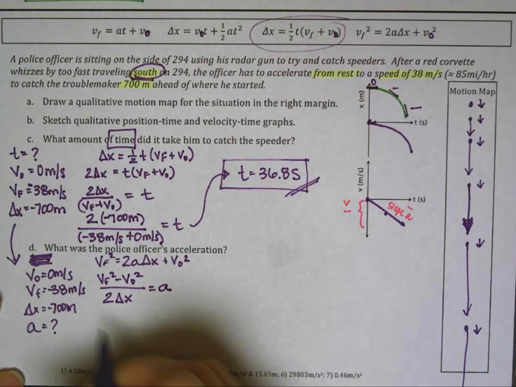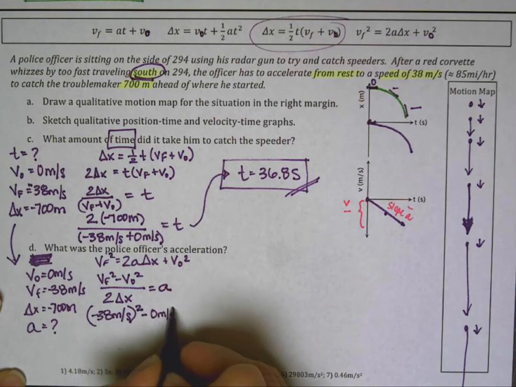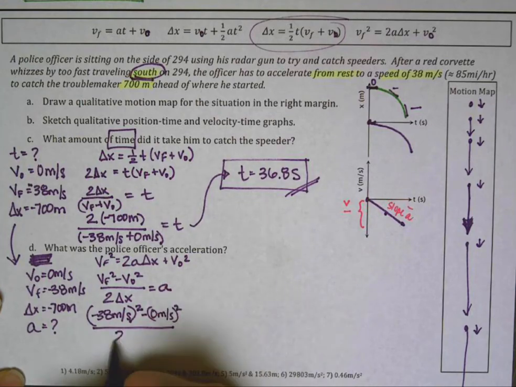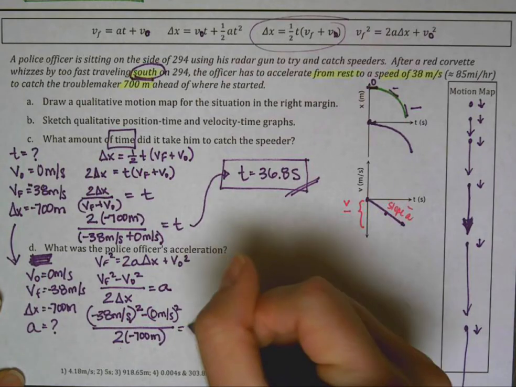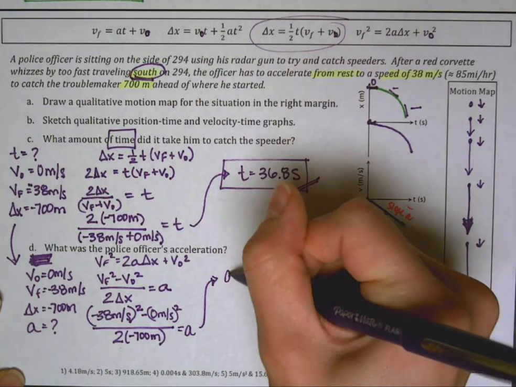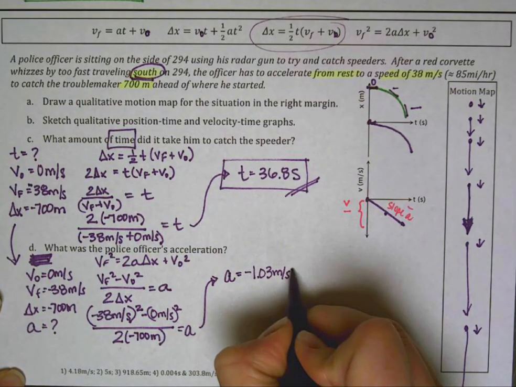Then I plug in my numbers, negative 38 meters per second, squared, don't forget to square, minus 0 meters per second, squared, all over 2 times negative 700 meters. If you square that value, it does become positive. You're still subtracting 0, then divide by negative 1400, and you get a value of negative 1.03 meters per second squared.